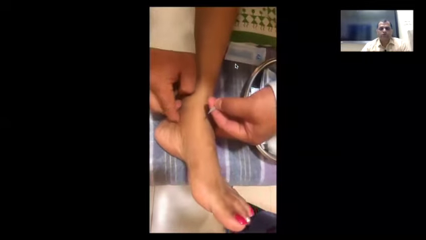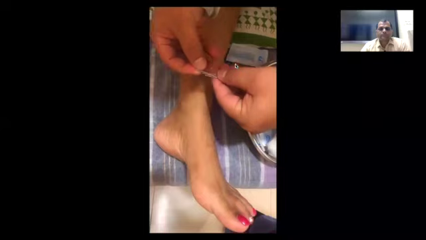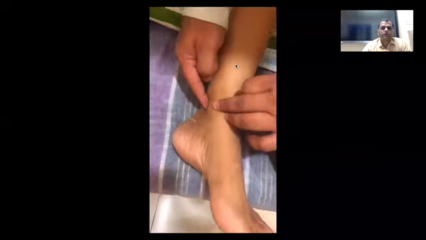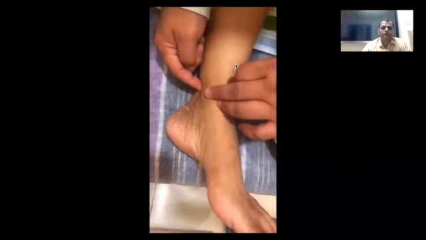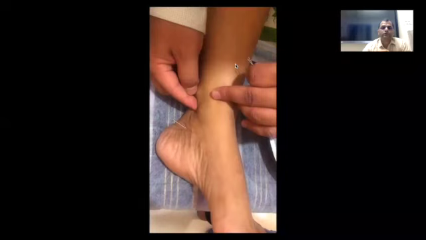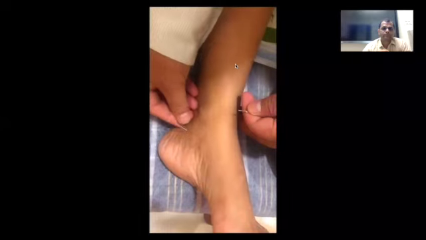Look at this image, this video. This is the kidney 3 point, locally, just on the back side of the medial malleolus. So we can put locally in the body, or we can put the same point in Sujok by magnets.